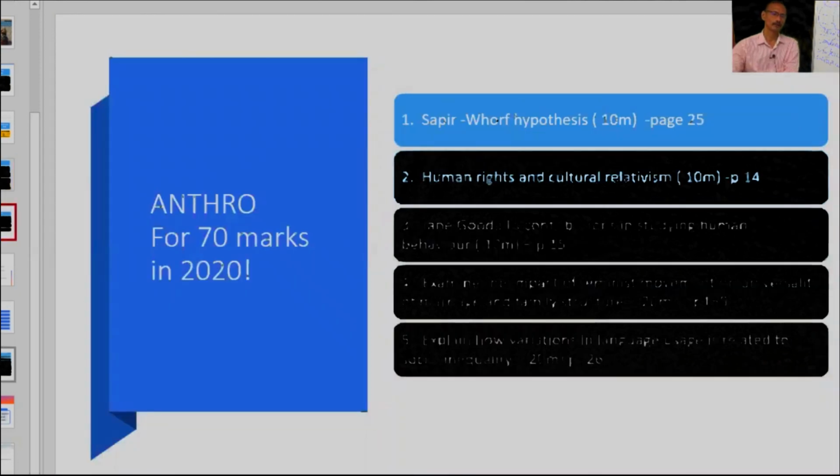So my conclusion about my book is that I want you to buy this book. I want all Socio students and Anthro students to buy this book. But let me tell you, not as a replacement to any book. This book has certain insights, certain issues. It will help you. But don't compare this book with any other book and ask, should I buy this or that?